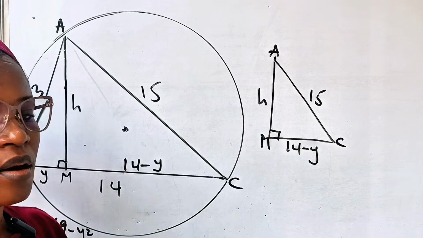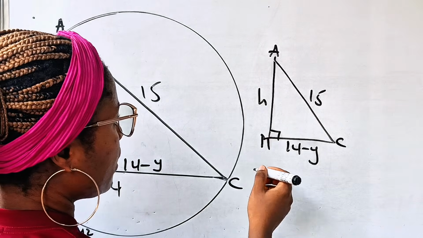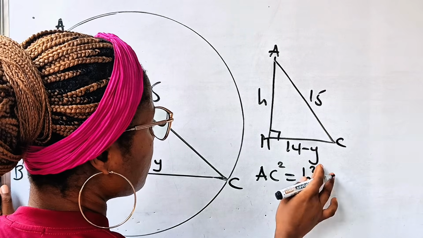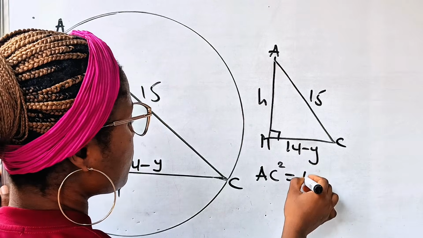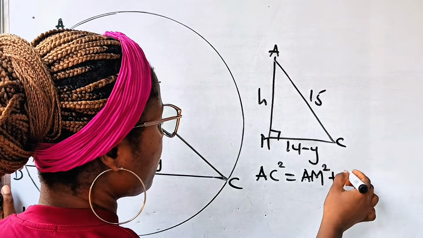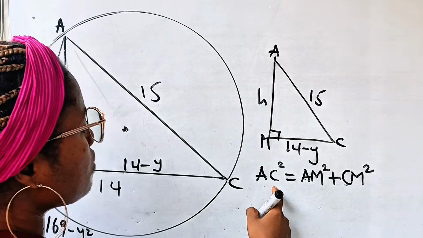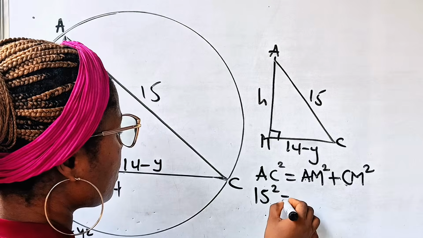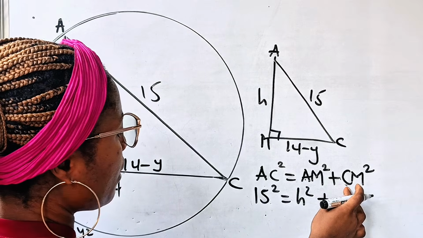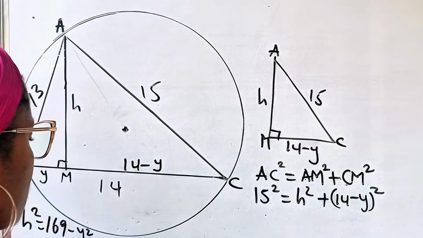Now using the Pythagorean theorem again, you will have that AC squared is AM squared plus MC squared, or CM squared. So AC squared is 15 squared, AM is H, and CM is 14 minus Y, all squared.